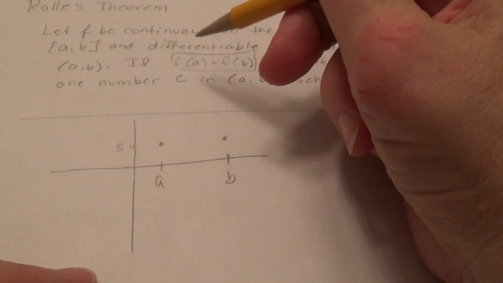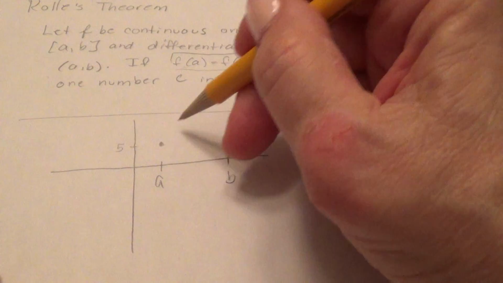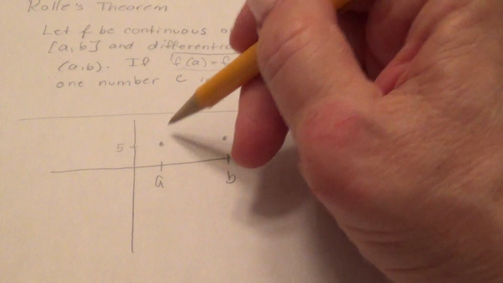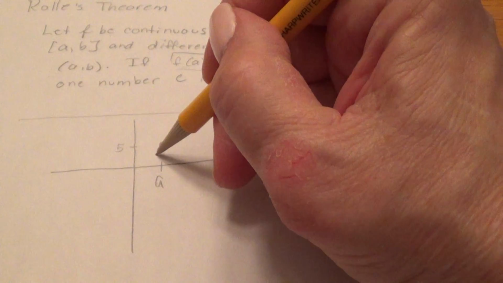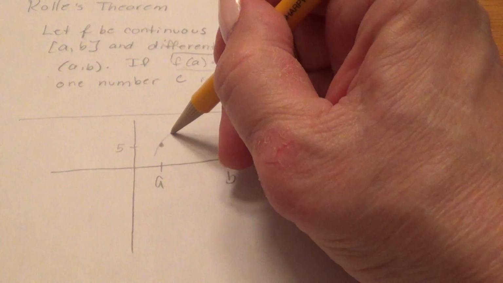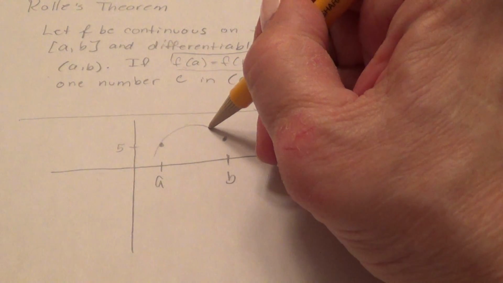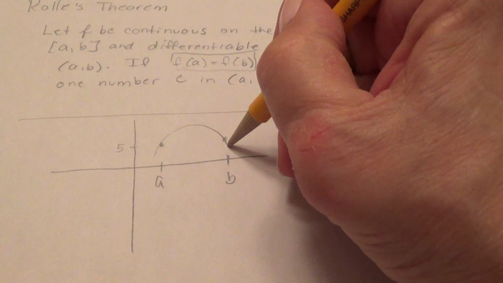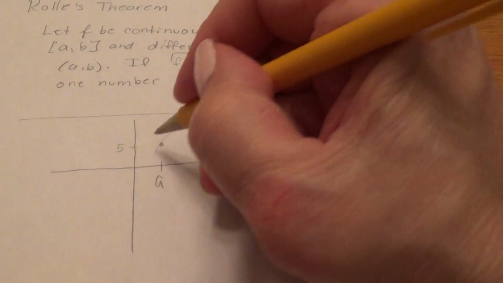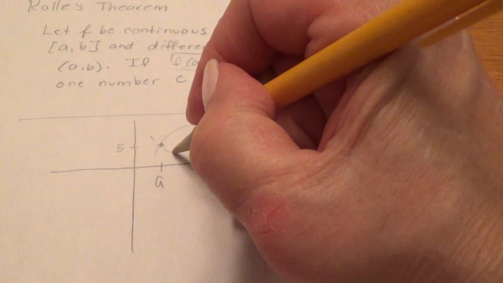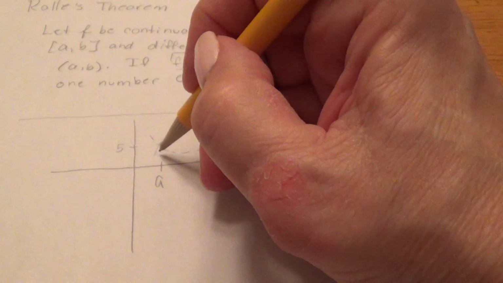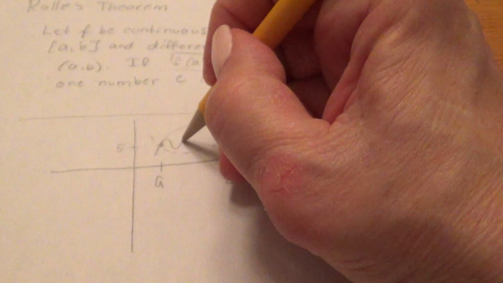Normally we have the name of the function, but theoretically right now we don't. So we know the function has to go through this point, and it's continuous, so there are no jumps, skips, hops, holes, or asymptotes. So it could look like that, or it could look like this, or it could look like this.